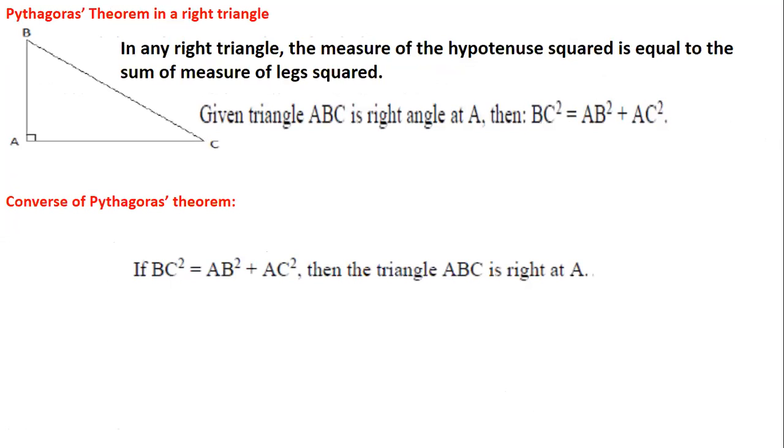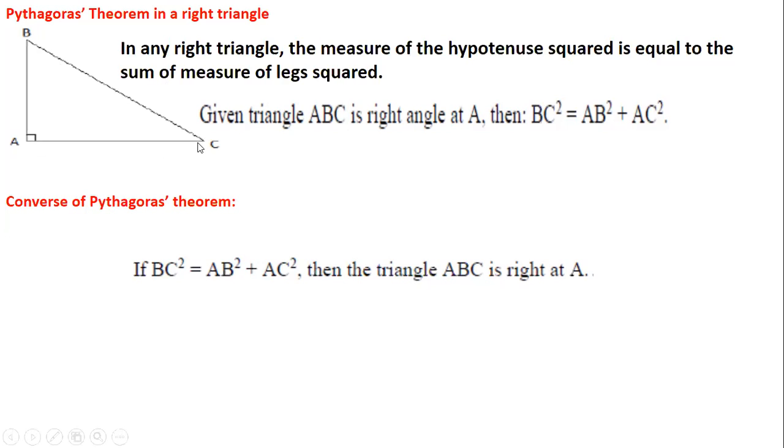Finally, we have the Pythagoras theorem, which is only applied in a right triangle. So if I have any right triangle ABC right at A, who's the hypotenuse? It is BC. So this theorem says the length of BC squared is equal to AB squared plus AC squared.